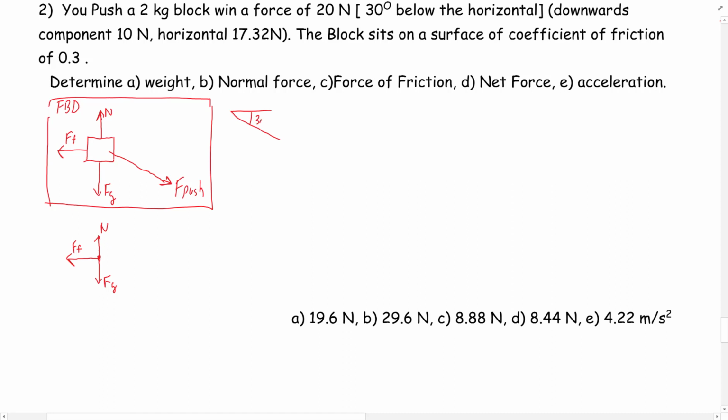If this is 30 degrees and this is 20, this is going to be 20 sine 30, which is 10, and this is going to be 20 cosine 30, which is 10 root 3, which is 17.32. I gave them to you already. So let's just try the components in there. Actually, I'll do the components in a different color.